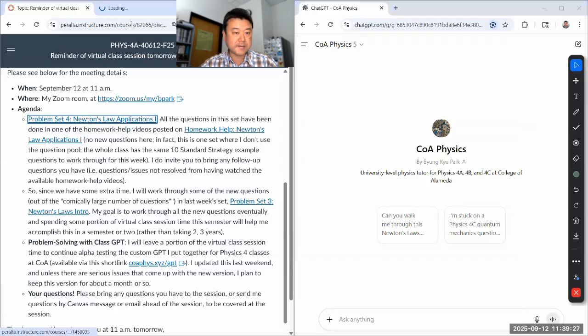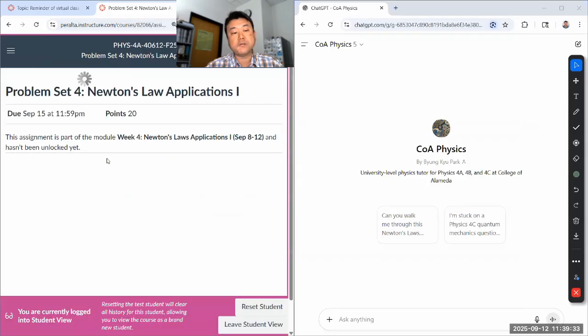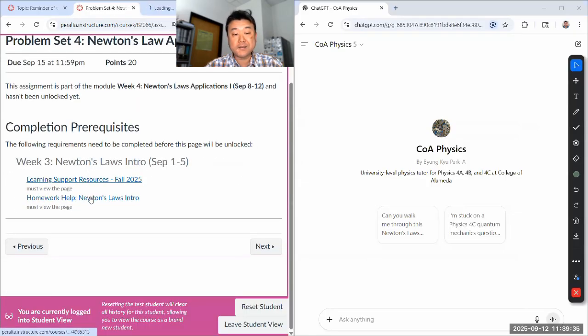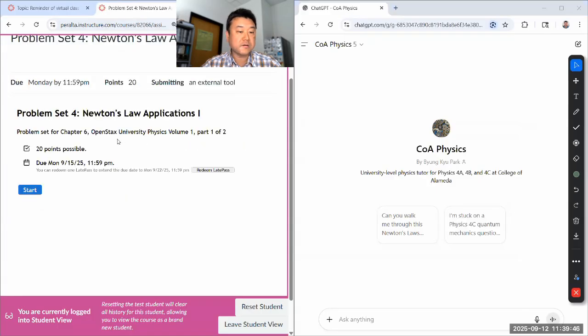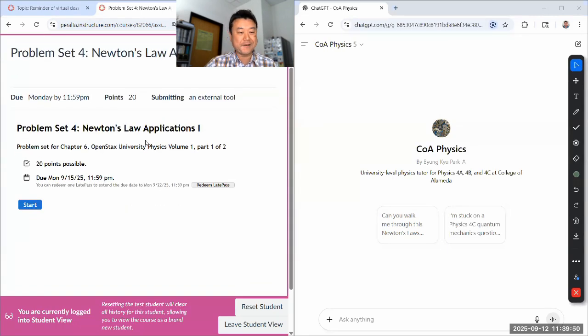So let me access it as test student. I might have to unlock some things, and we are now in the part of the semester where unlocking things doesn't take a lot, because all the requirements are like view or mark things as done. So yeah, it's all unlocked and I can do it.